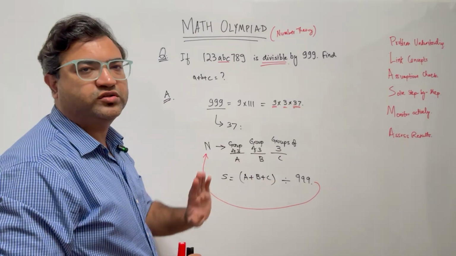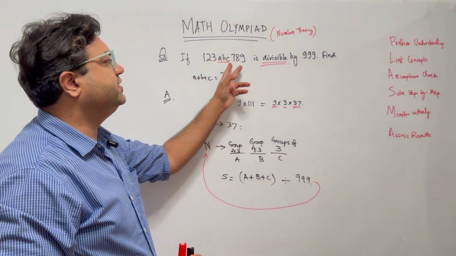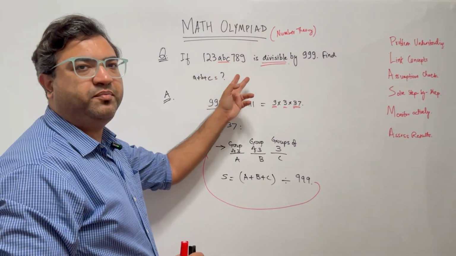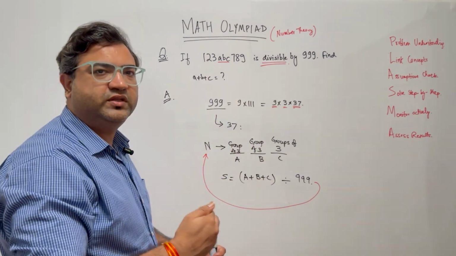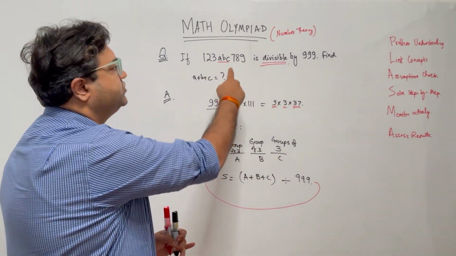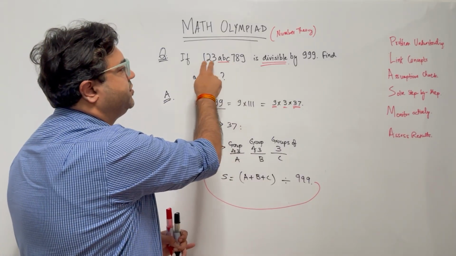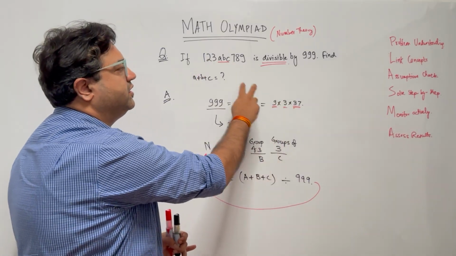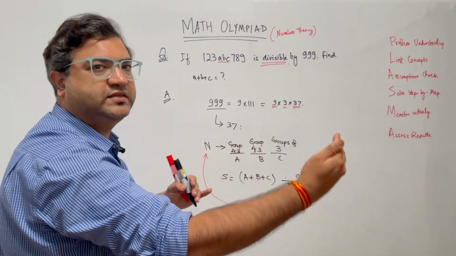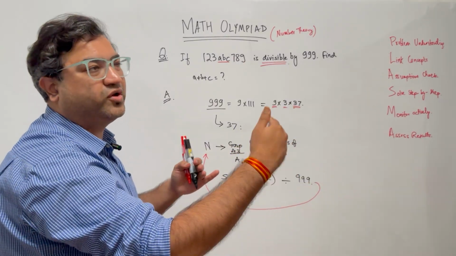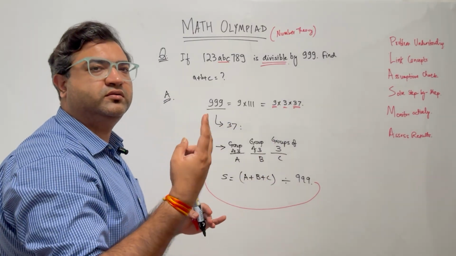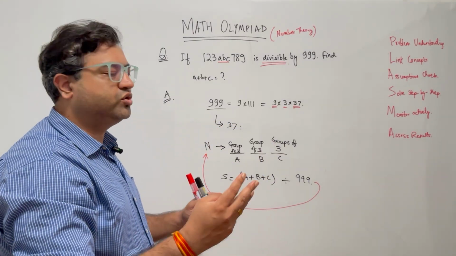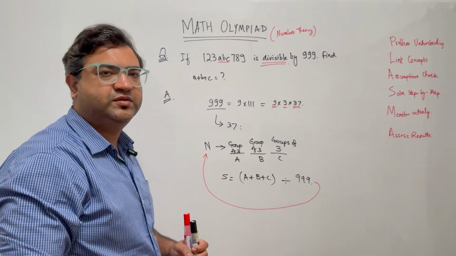It's the same concept for 37 as well, that if you add these 3 up, but in 37 you can keep on doing the same thing over and over again. So if you get, let's say, a 6-digit number, or a 4-digit number, you can again do a 3 and a 1 and you can get a 3-digit number. And finally you can check whether that is divisible by 37.